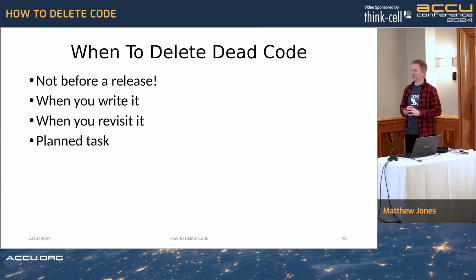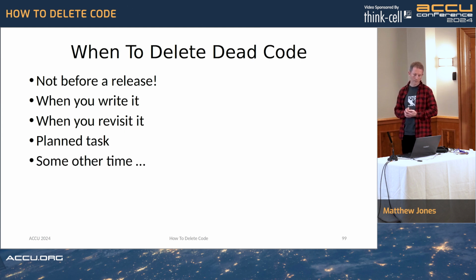That could be just a task on the backlog, or you could collect them together in a technical debt epic or a whole sprint. It's up to you how you run your project. But you might not be able to do it at all, so delete it some other time. As I said, record it, build up a case of evidence that you can use to persuade someone to let you do this at some point in the future.